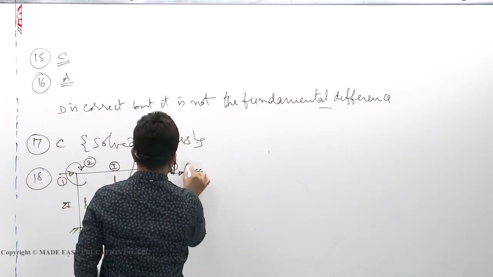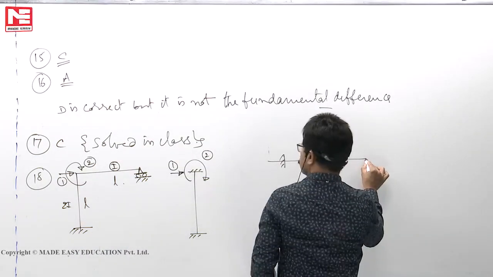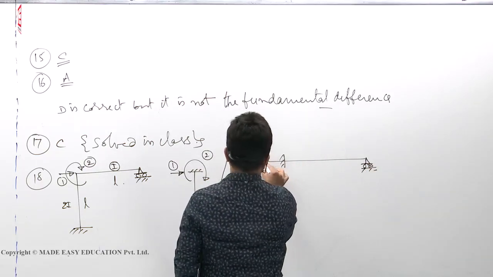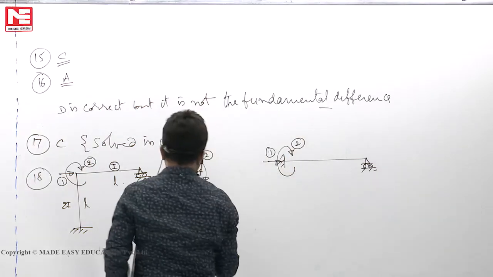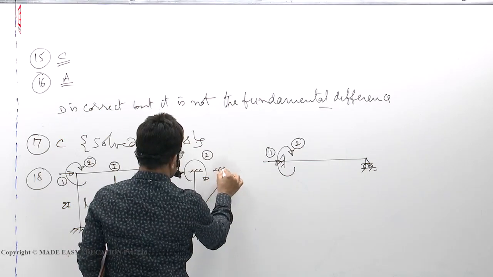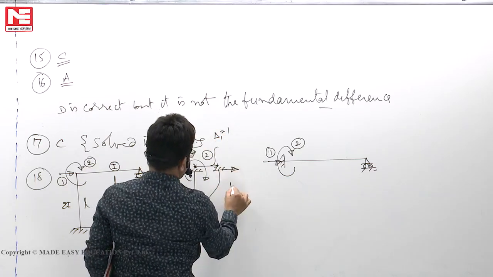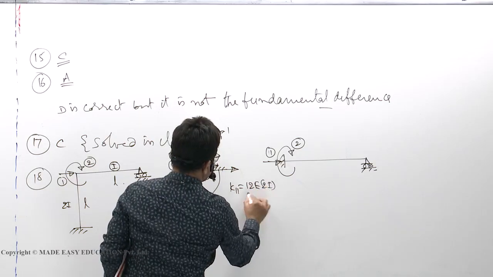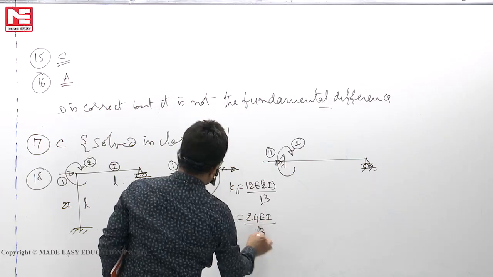This is 1, this is 2. There is a roller. Here coordinate 1, 2. Okay. Now K11. If I move it like this, delta 1 is equal to 1. We know K11 is 12EI by L cube, with I meaning 2I, that means K11 is 24EI by L cube.